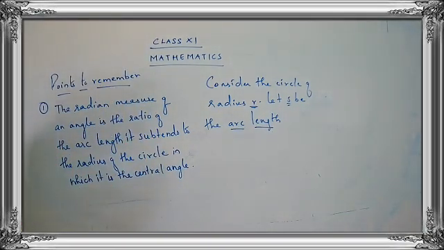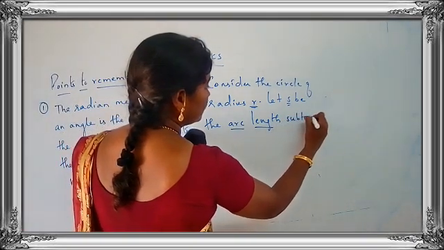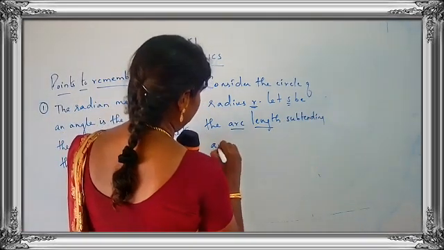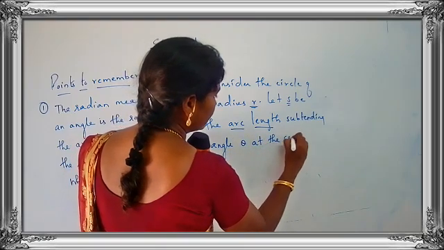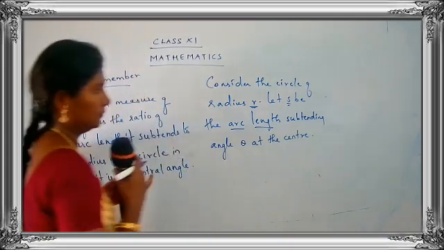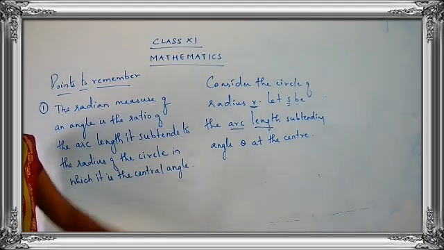Let s be the arc length subtending angle theta at the center. So you are going to consider a circle of radius r and the arc length will be taken as s. And what is the angle subtended? The angle subtended will be theta.